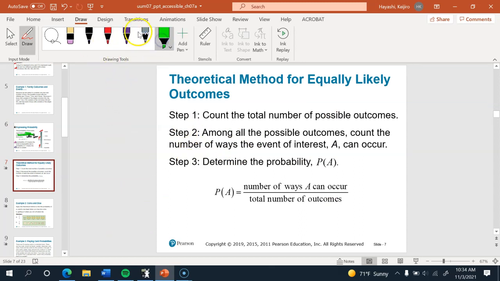So if you want to calculate a probability, all you do is think of the total number of outcomes that can happen.